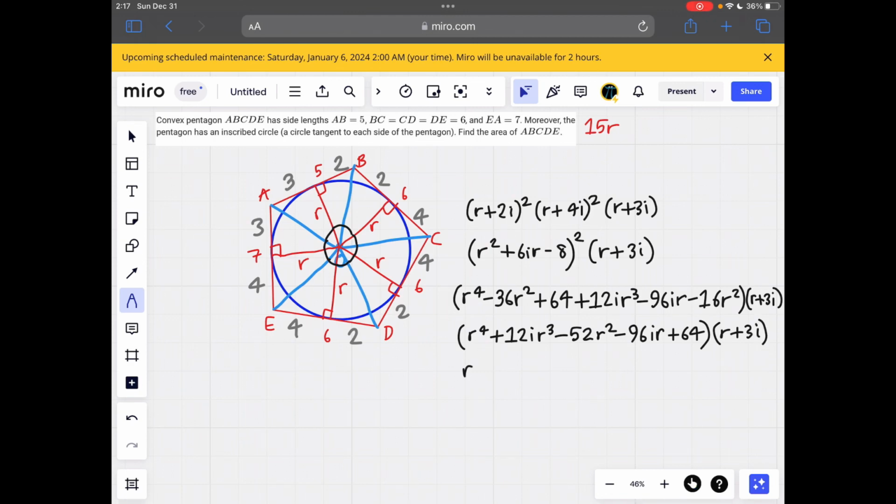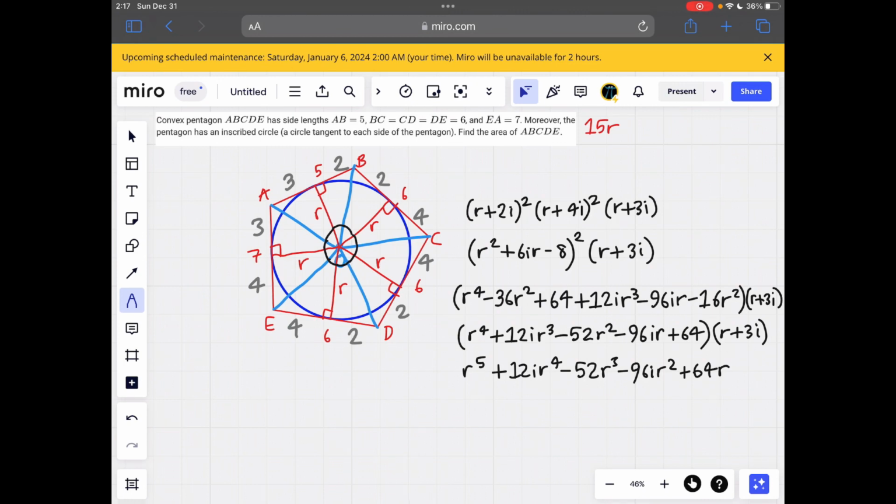So if we multiply by r, it would just be r to the 5th plus 12i r to the 4th minus 52r cubed minus 96i r squared plus 64r. But then comes the 3i.